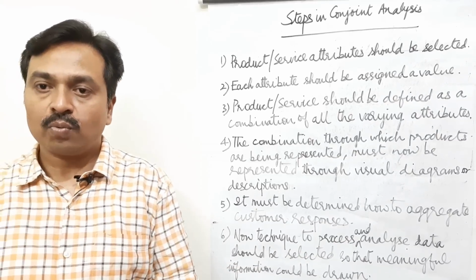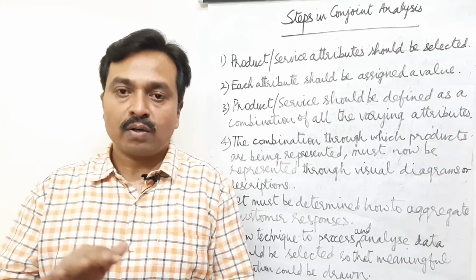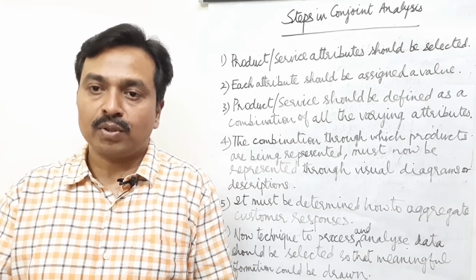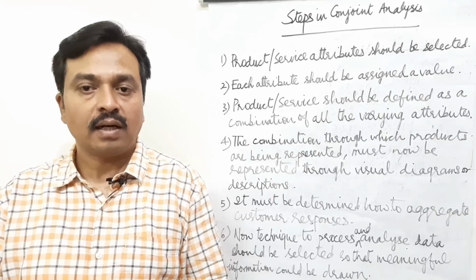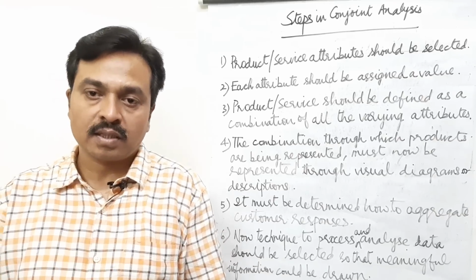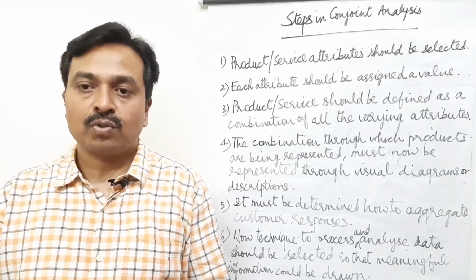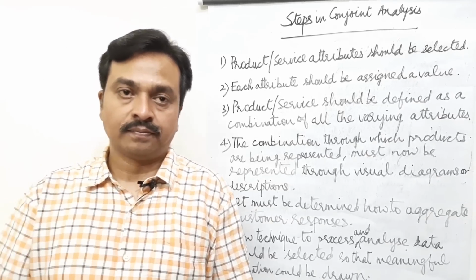There are various methods, and a popular method to represent varying attributes is the part-worth model. Alternatively, there are many other models like the vector model or ideal point model, which could also be used.